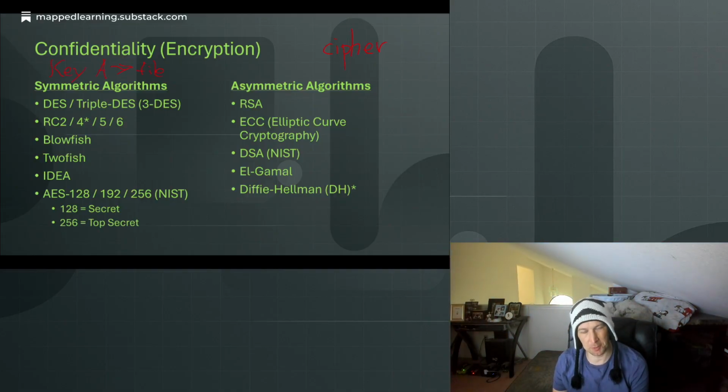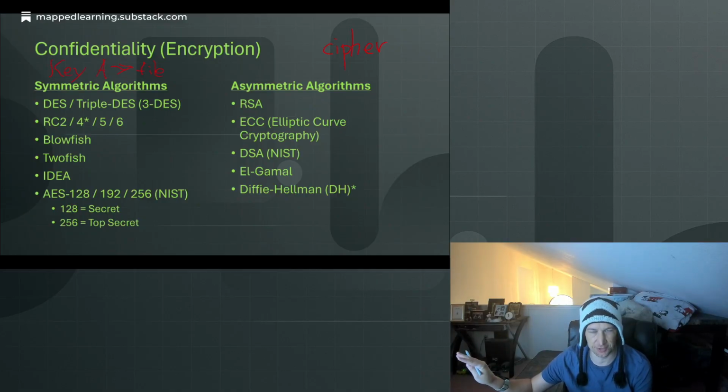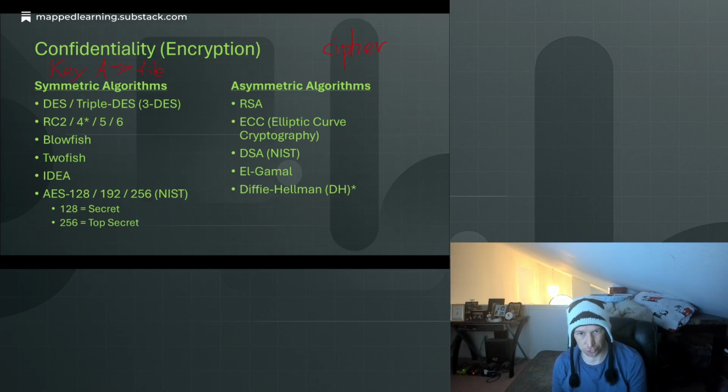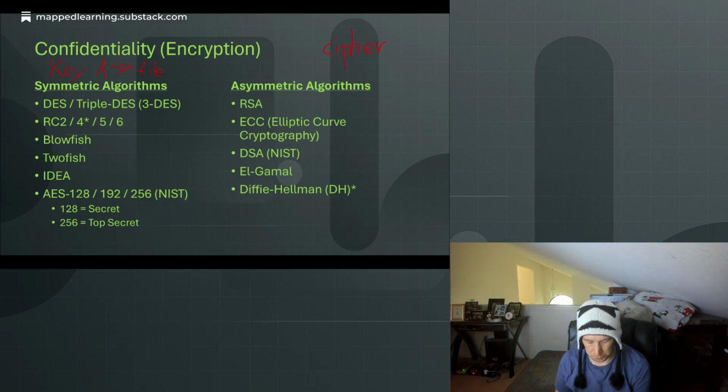And I have these symmetric algorithms written down. I'm not going to explain them yet. That's going to be for a future lesson. But I just wanted to make you aware of there are different types of encryption to choose from. And for the government, down at the bottom here, we have this acronym NIST, which is the National Institute of Standards and Technology. That will be on a test.